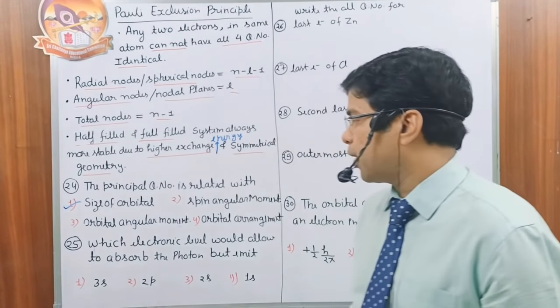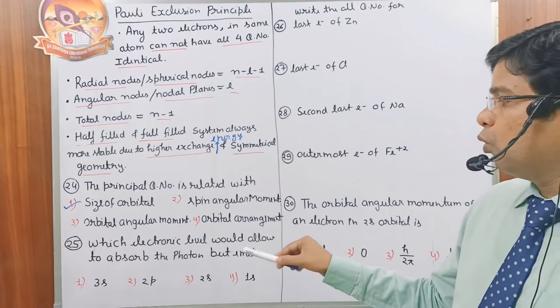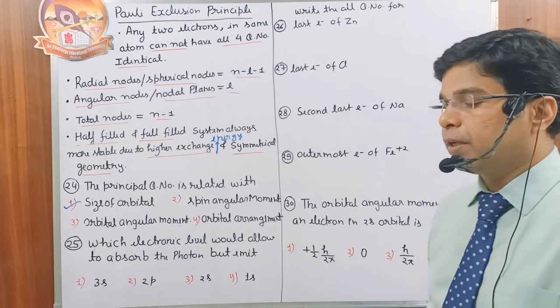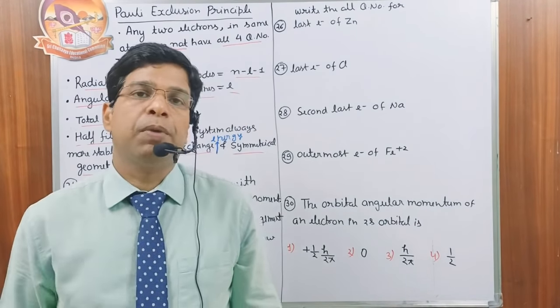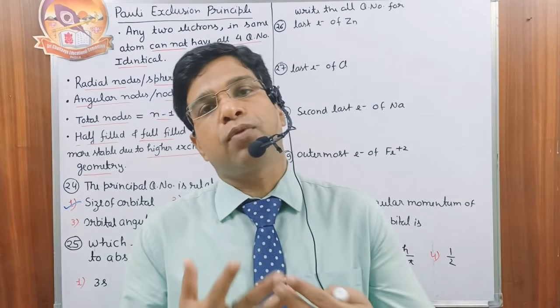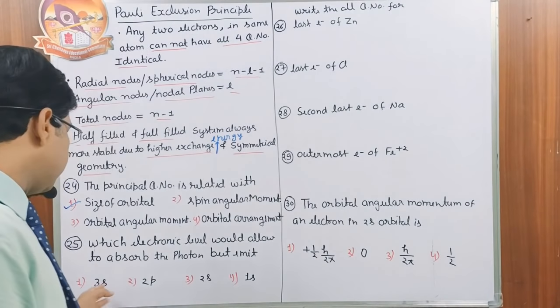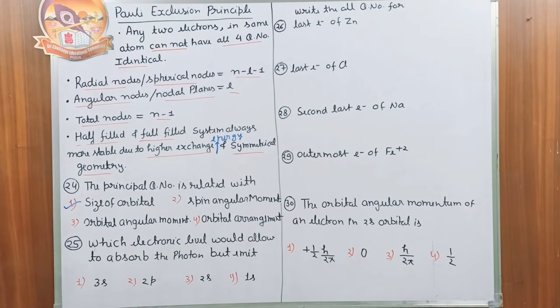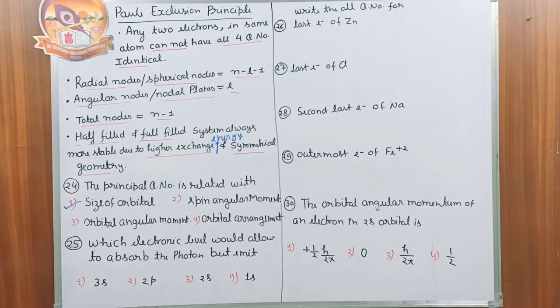Now question number 25: which electronic level would allow absorbing a photon but not emitting? Means we have to find one particular level that can absorb energy but cannot release energy. Let's see. 3s: if an electron from 3s moves to 4s, it absorbs energy.